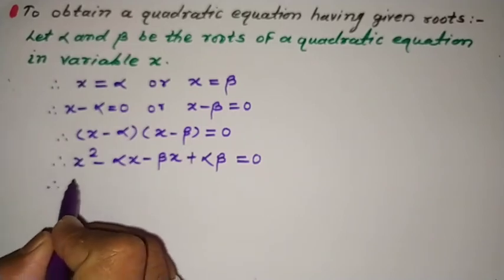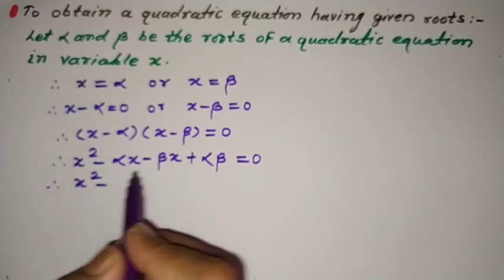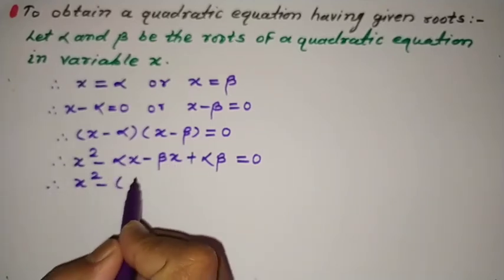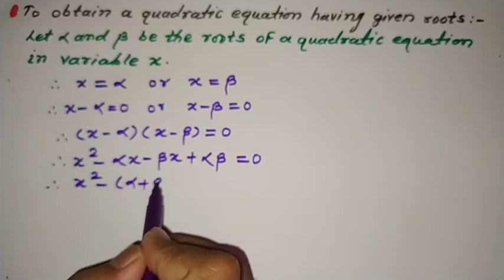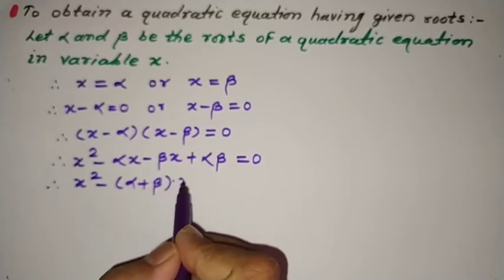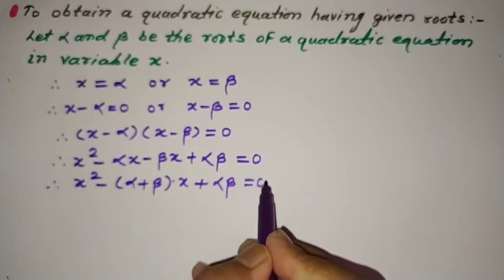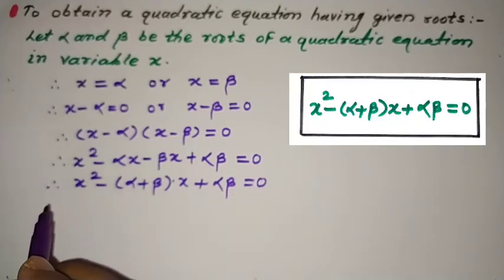Therefore, x square minus, taking x as common factor in the bracket, alpha plus beta into x plus alpha beta is equal to 0.